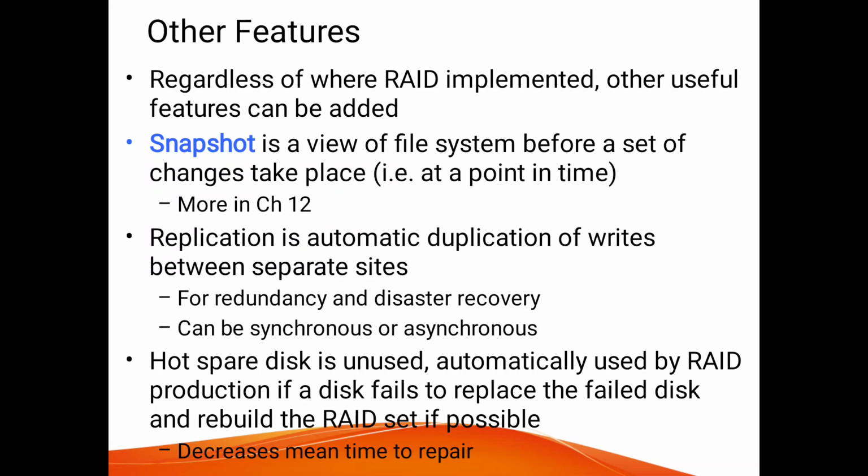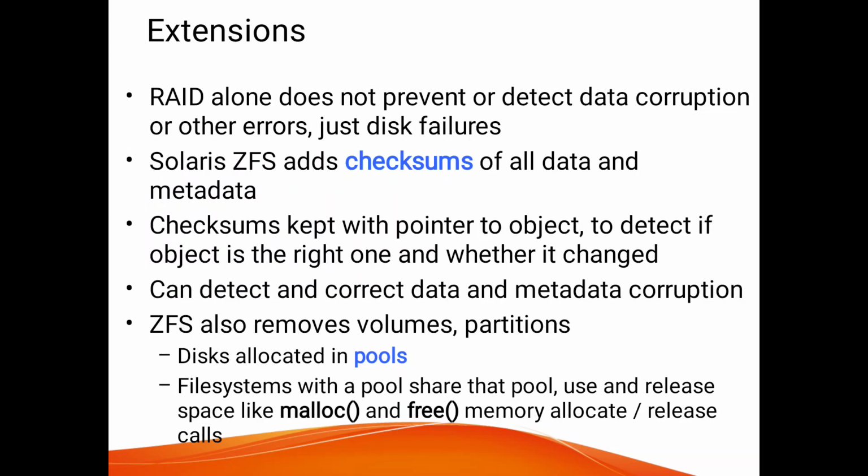Then other features are: the snapshot, which is a view of the file system before a set of changes takes place. Replication is automatic duplication of writes between separate sites. A hot spare disk is unused, and automatically used by RAID protection if a disk fails, to replace the failed disk and rebuild the RAID set if possible.